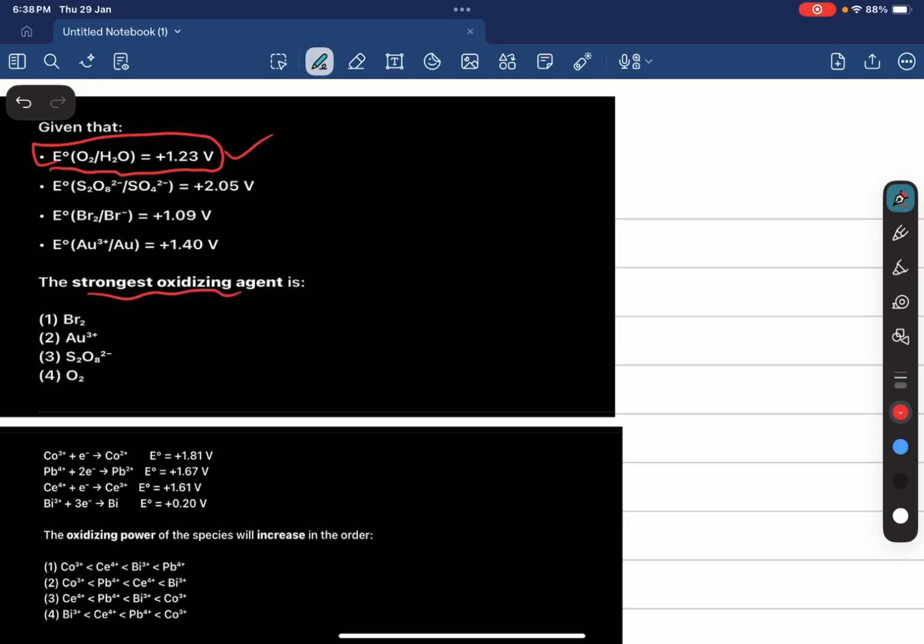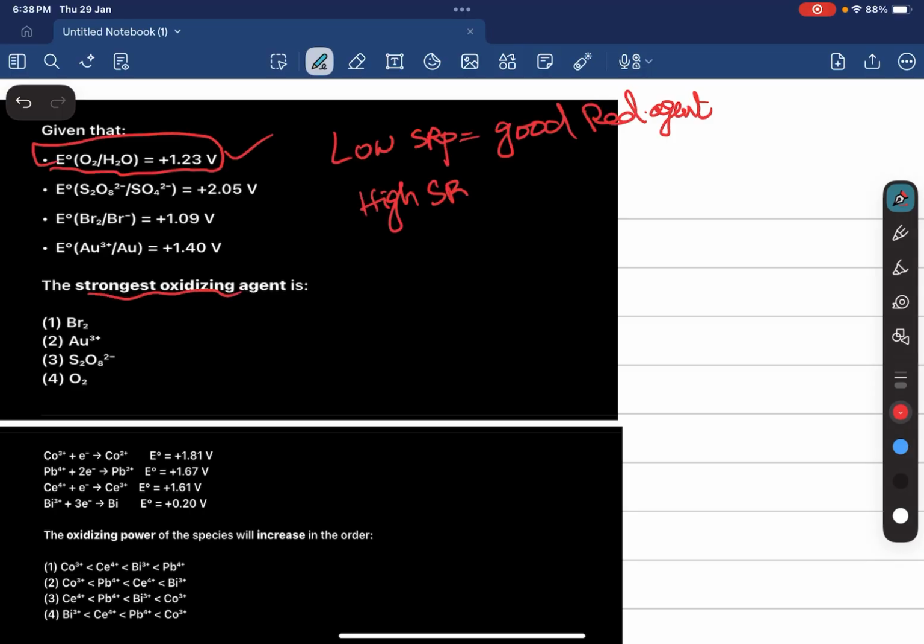So we have to check whether the given values are reduction or oxidation. We are already given the statements: low SRP behaves as a good reducing agent, high SRP behaves as a good oxidizing agent.